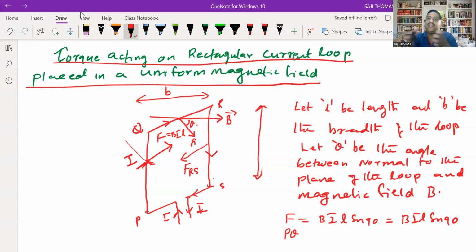They will tend to rotate the loop. Total force will be zero, but they are acting on different lines of action. So these two forces will rotate the loop. Rotating effect is known as torque.